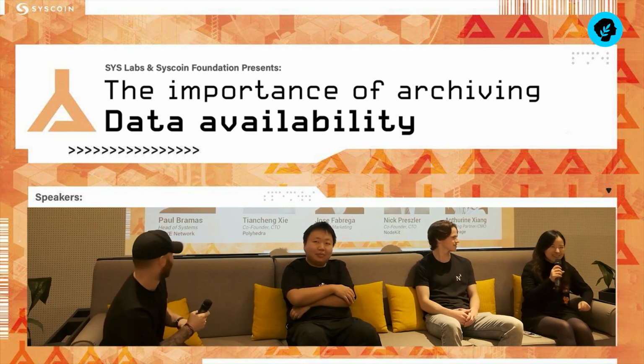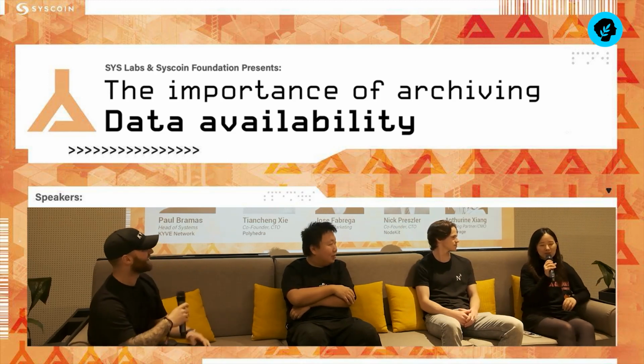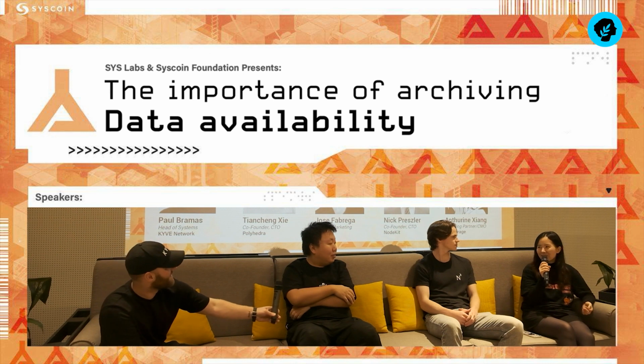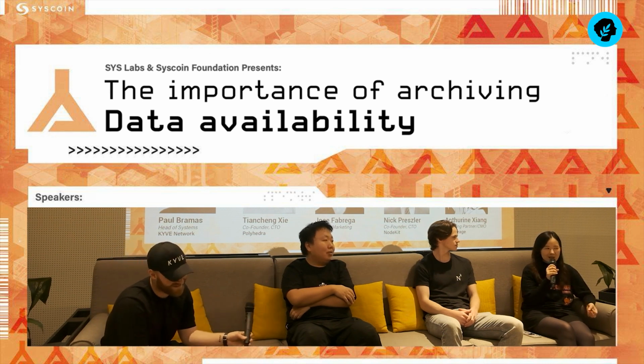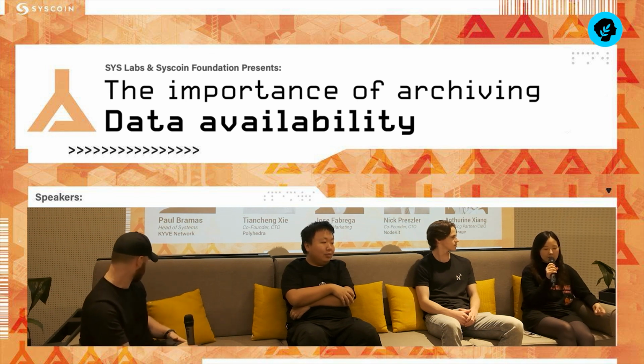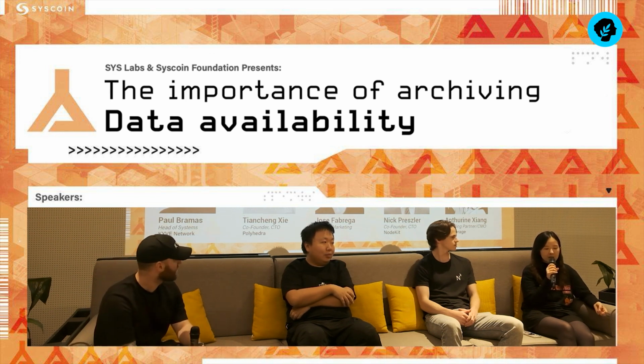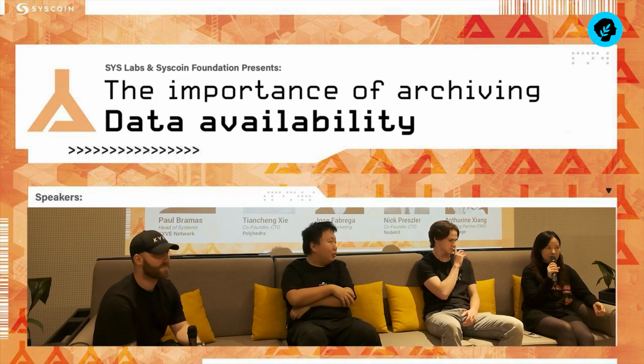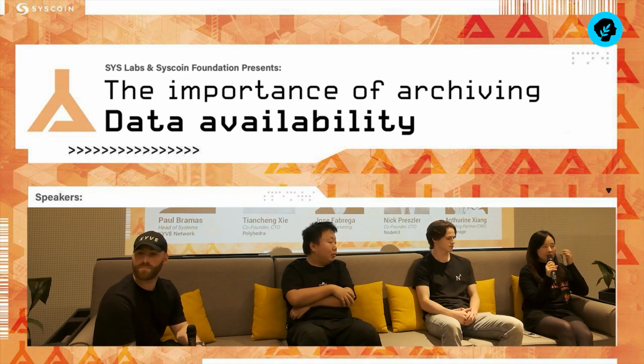Oh, yeah, sure. So I think we have been talking about this word, DA, a lot ever since danksharding has become very popular. A lot of people are confused about this word. So what does data availability mean? Basically, DA means data publishing. Using this word may be much better.